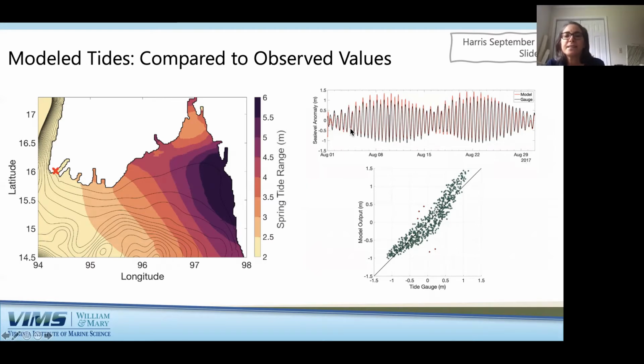And on the right is showing the modeled in red and the measurement from the tide gauge in the black line. And then on the bottom is how well the model did, just comparing the two. And so that's not as good of a data validation as we would like, but it is what we were able to do with the limited data that we could get our hands on.